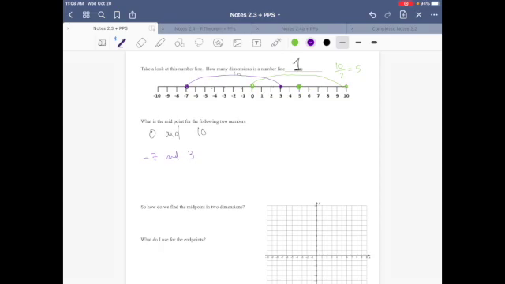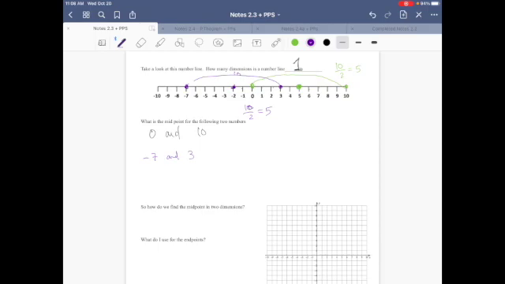Okay, so we also have a distance of 10, and 10 divided by 2 again, right? If we're dividing that distance in half, we get 5. So I could go 5 from each endpoint. 1, 2, 3, 4, 5. So my midpoint is going to be at negative 2, right?